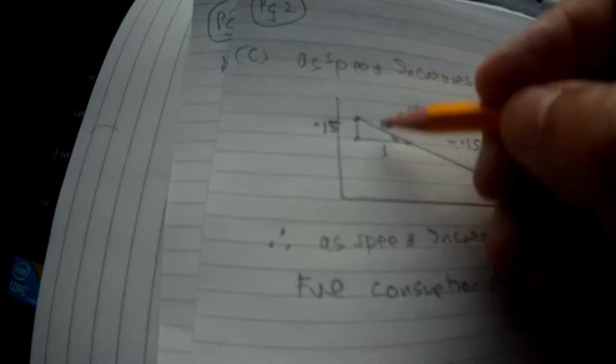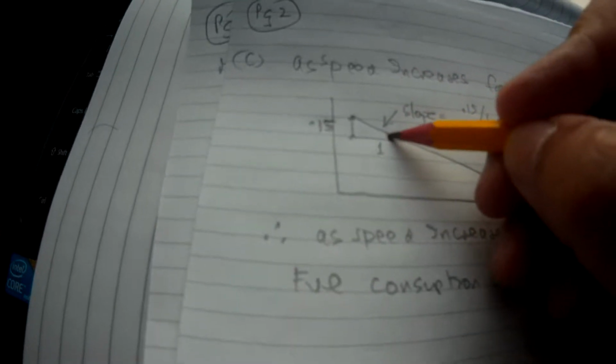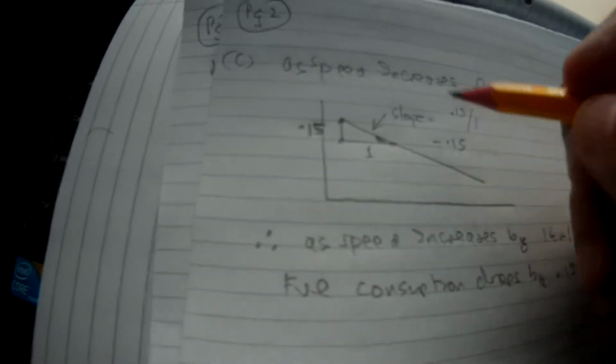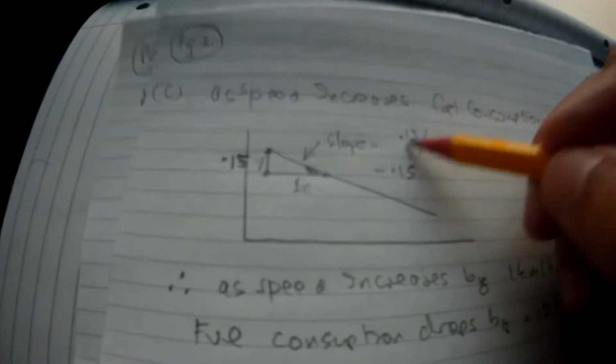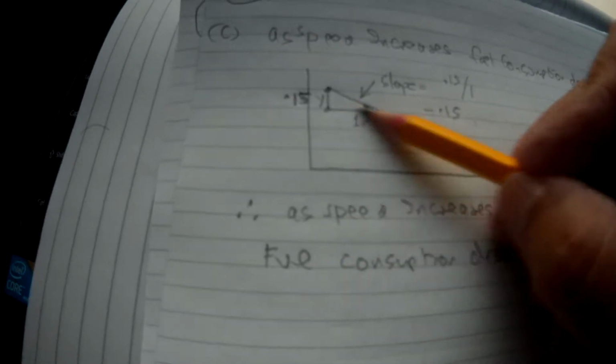The slope of the line of best fit is minus 0.15. That means the angle in here represents the slope. Essentially the slope is the y change over the x change, so you could have 0.15 over 1, so it's 0.15 divided by 1. That means as the speed increases by 1 kilometer per hour, the fuel consumption drops by 0.15 kilometers per litre.